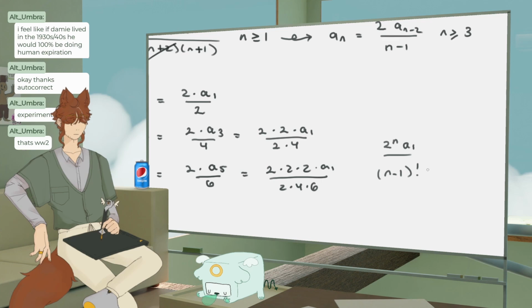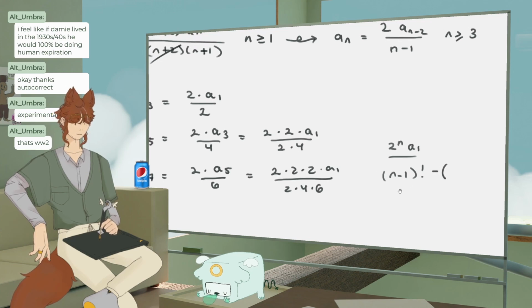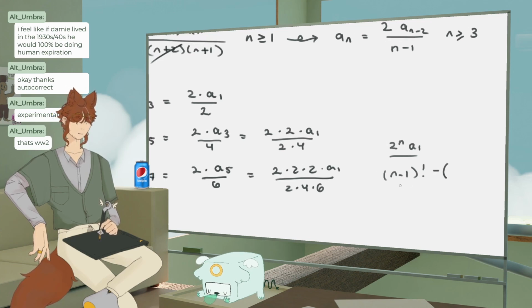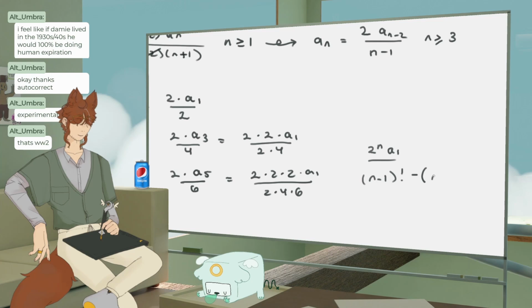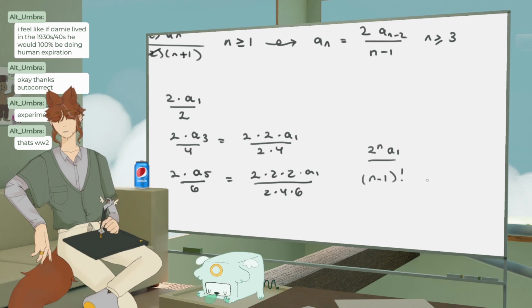Minus n minus 2 factorial? No, that would clear out all the terms. I just need the odds, though. Oh, how do I get just the odds? That's so hard. It has to be some sort of factorial.